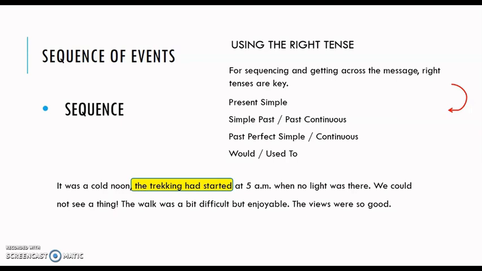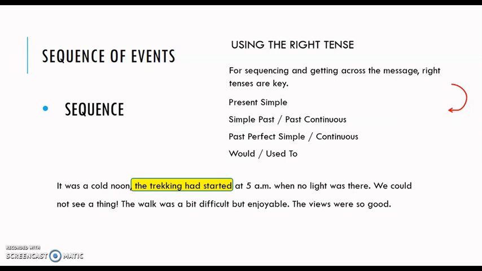As we are talking about something that was finished, it was a cold noon. I want to emphasize that something happened before the cold noon. The trekking had started at 5 a.m. in the morning when no light was there.